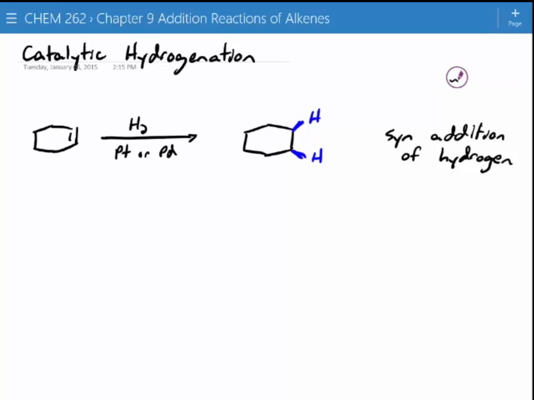And that's where hydrogenation came in. So you can take a vegetable fat, where typically you have some sort of double bond. You can react this with hydrogen and palladium.